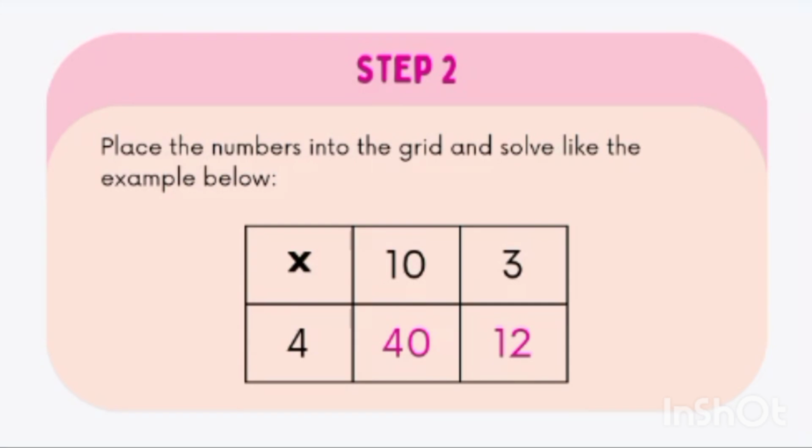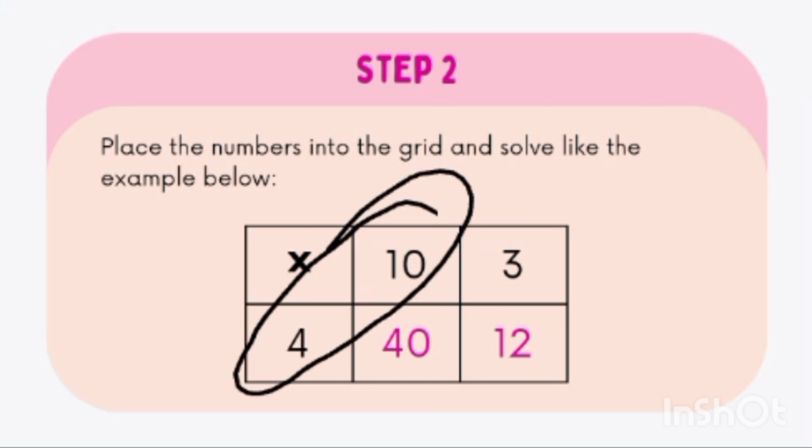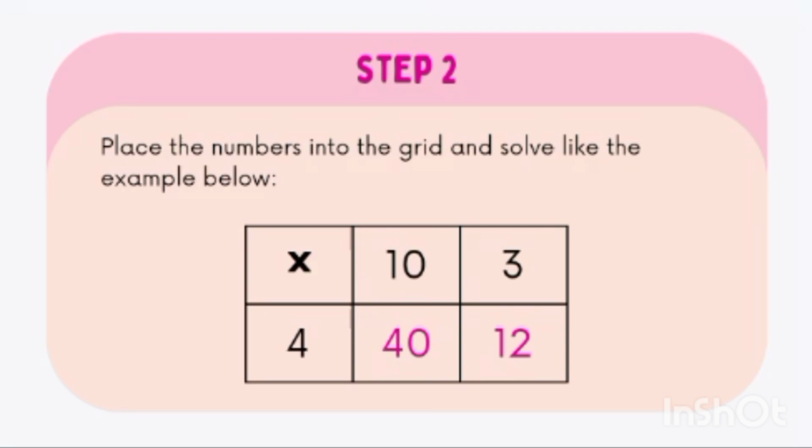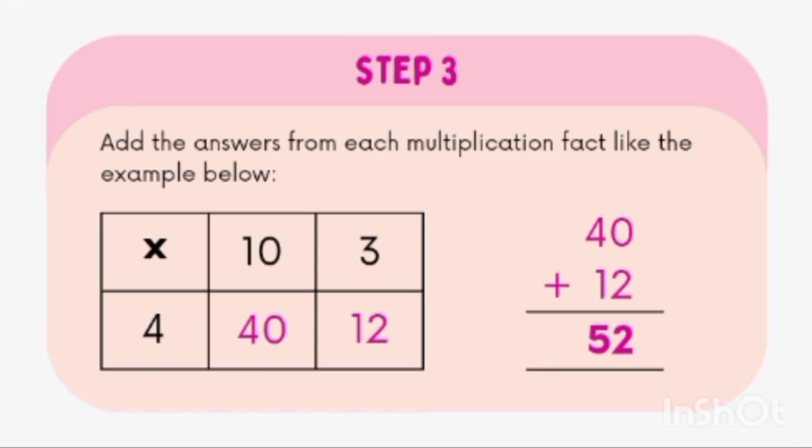We multiply 4 times 10 equals 40 and 4 times 3 equals 12. After multiplying, finally we add the answers from each multiplication: 40 plus 12 equals 52. So 13 multiplied by 4 equals 52.